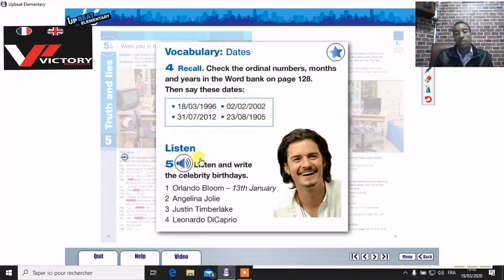Now we listen and write the celebrity birthdays. You will listen, okay, and then you write the birthday of each celebrity. And here is an example: Orlando Bloom. His birthday was on the 13th of January, right?